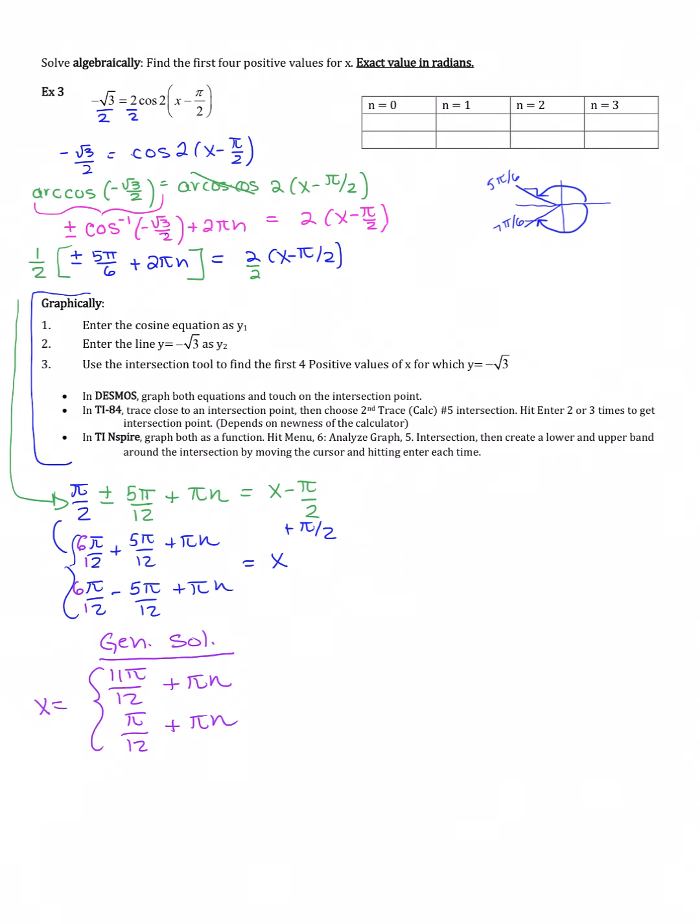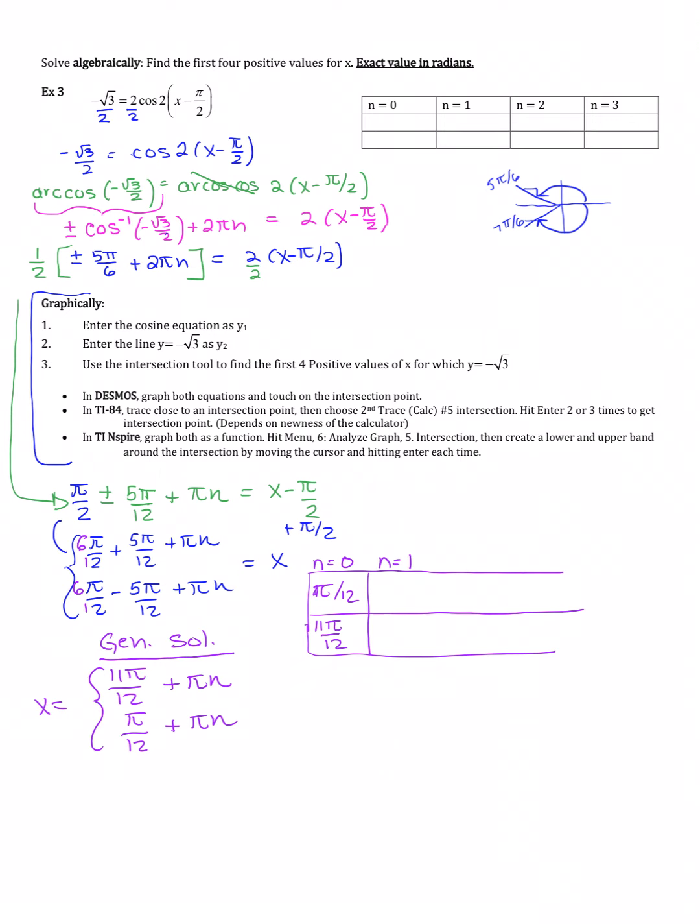And they wanted, again, the first 4 positive values. So my table's way up there, so I'm just going to redo my table down here. So I always like to start with when n is 0, that's going to be pi over 12 and 11 pi over 12. And when n equals 1, it's like you're just adding pi.